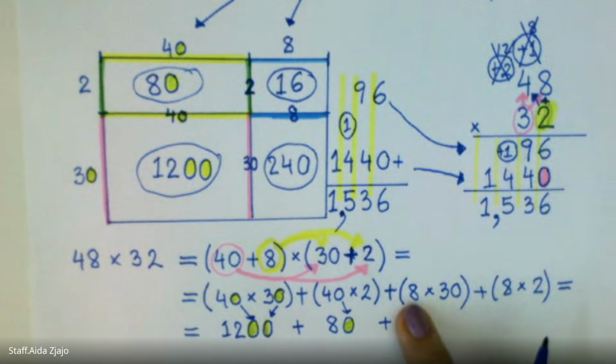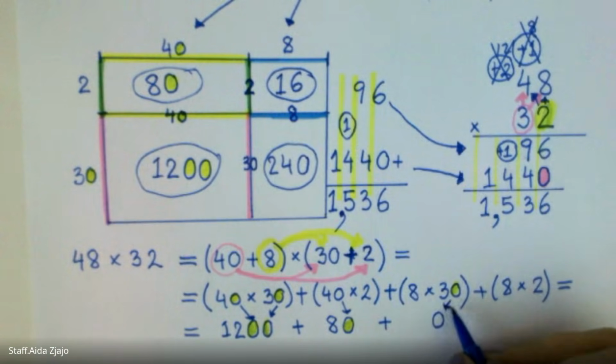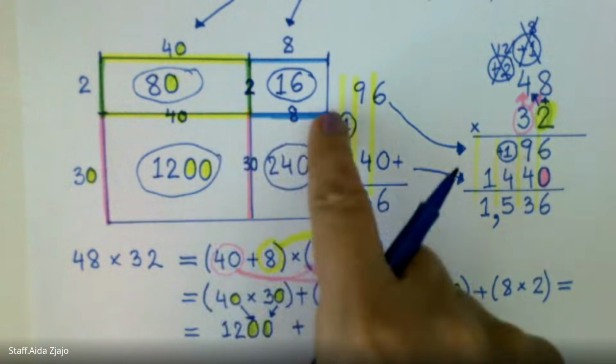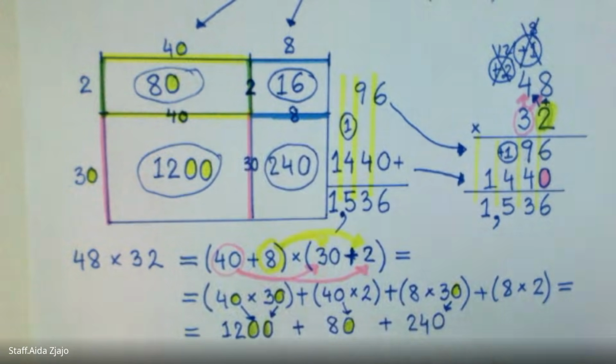Plus 8 groups of 30. 8 groups of 30 is also 8 times 3 times 10, which 10 goes in my answer, and 8 times 3 is 24. So that is the area. 30 groups of 8 or 8 groups of 30, and that is connected to the distributive property. Plus, now 2 groups of 8 or 8 groups of 2 is 16.